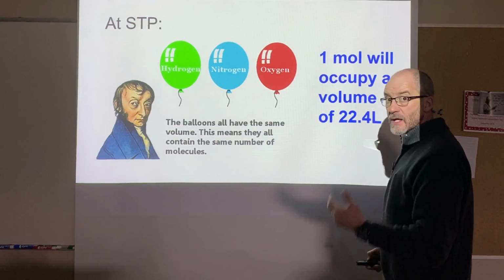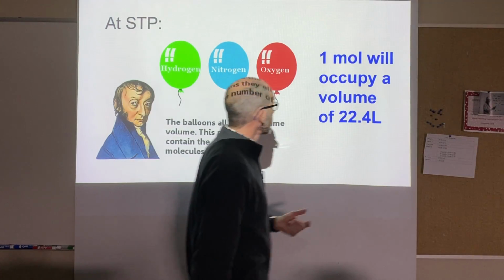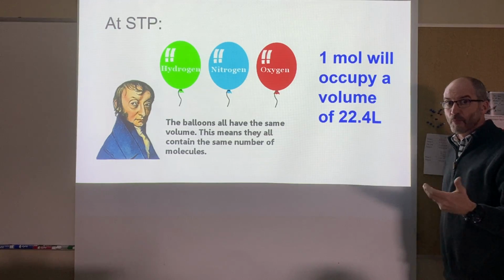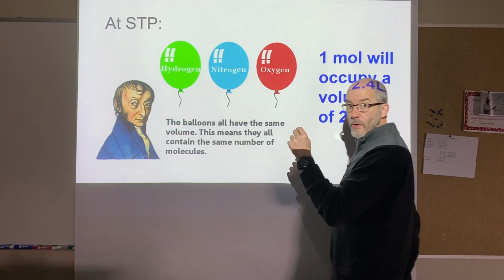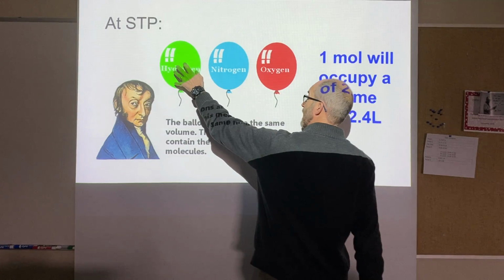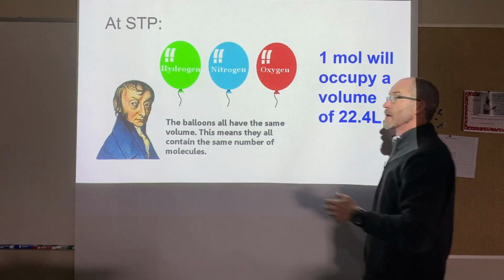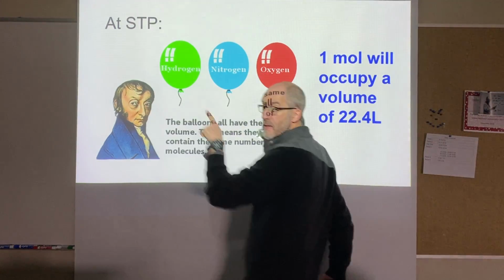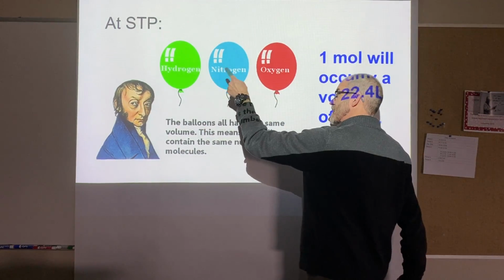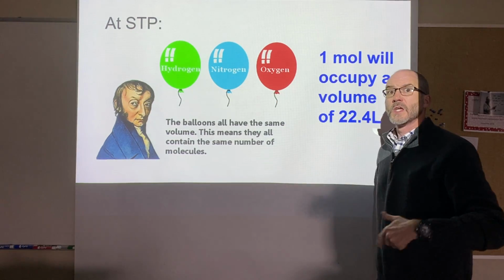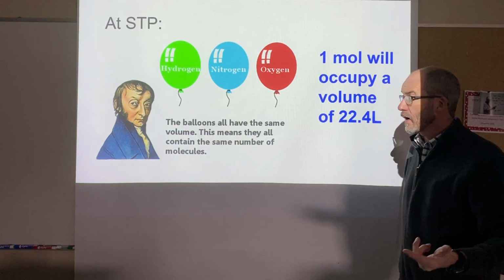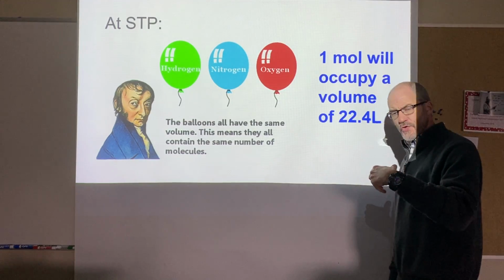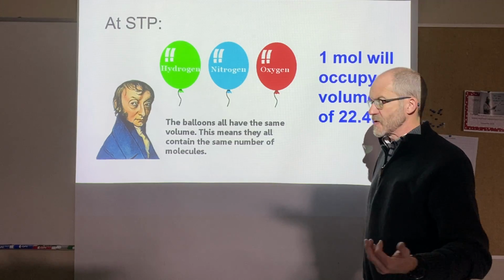And we learned that at STP, 1 mole of any gas would occupy a volume of 22.4 liters. So if we have 3 balloons that all have the same volume at STP, they will also have the same number of molecules inside of them. I want to remind you of that because you previously learned it.